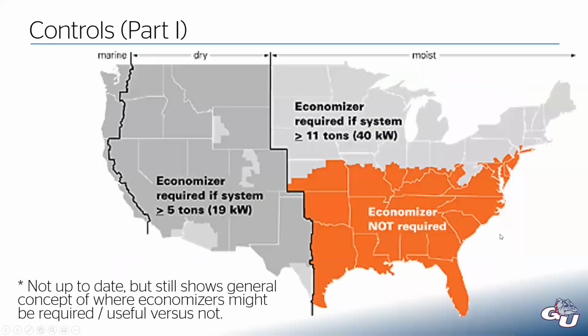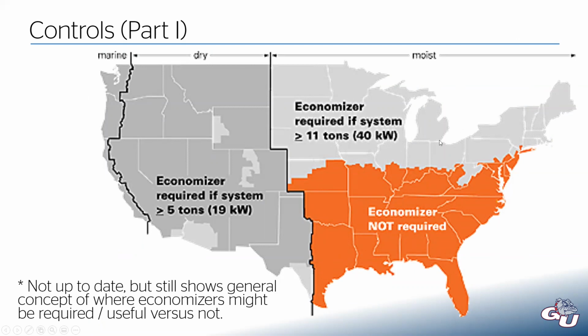So this map here, this isn't up to date, but it roughly shows where you might need to provide economizers. So we can see on the west side of the country, economizers are generally required if your system is greater than or equal to 5 tons of cooling, where we get more advantage of economizers over here.